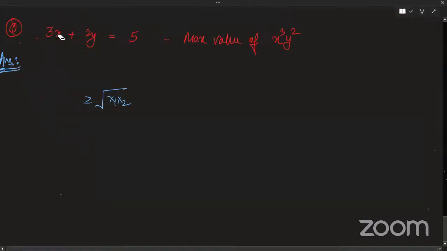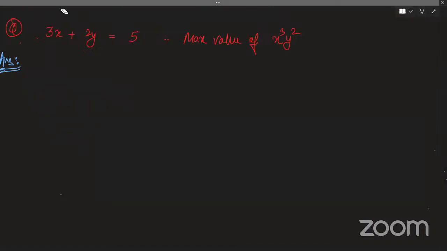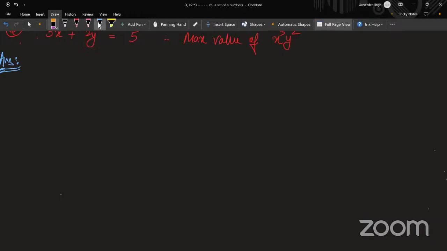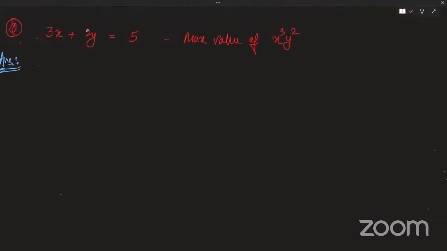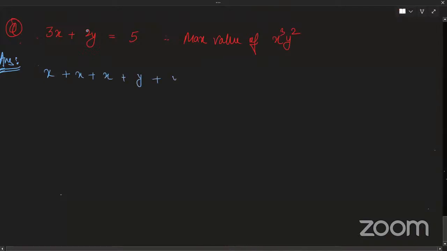So doing this won't help you. Can you think what we can do to get 3 powers of x and 2 powers of y? Squaring on both sides? No, that won't help. Since we don't have very much time left, see, this 3x can be written as x plus x plus x. This 2y can be written as y plus y. Right, everyone?